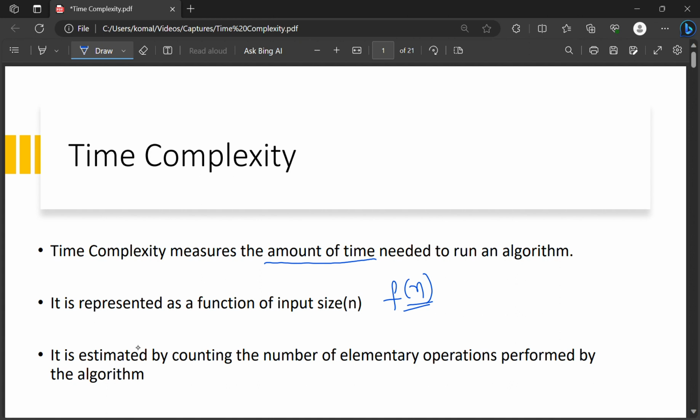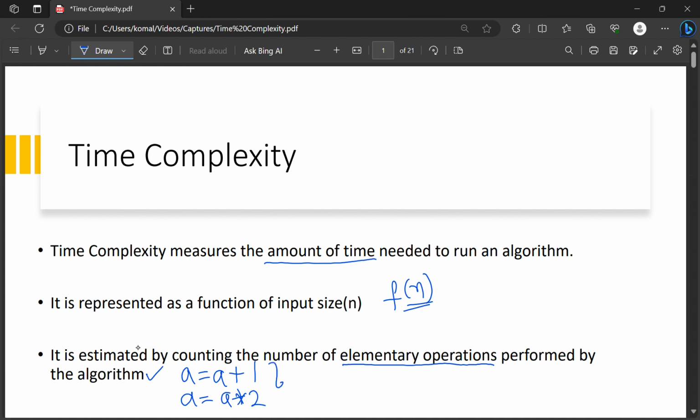Time complexity is estimated by counting the number of elementary operations performed by an algorithm. What are elementary operations? For example, let us assume there is one statement in the algorithm like a = a + 1. This can be one elementary operation. Let me take another one, a = a * 2. This could be another elementary operation.